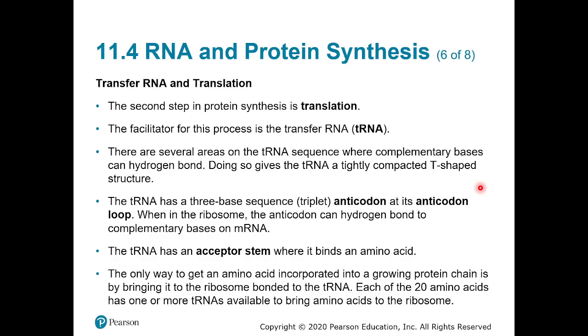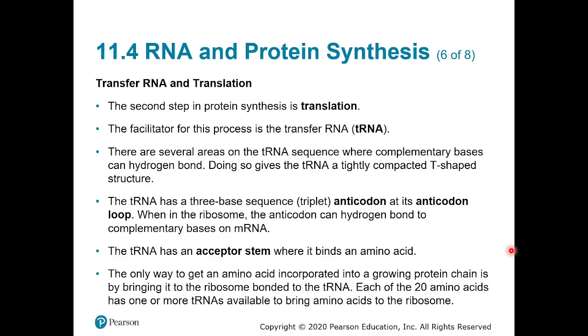And that's how you actually transmit that signal of the code of your mRNA to amino acid. Okay, so the tRNA is going to have what's referred to as an acceptor stem. This acceptor stem is what actually binds those amino acids.